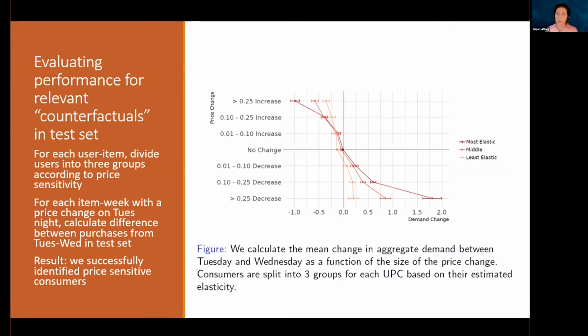Some of them showed up on Tuesday, some showed up on Wednesday. The price was different on Tuesday and Wednesday. And so what I'm comparing is the average purchase rate from Tuesday to Wednesday. So I'm still comparing across people, but I use my model of individual sensitivities to put them into buckets. Once I've assigned them to buckets, I can take averages, and I can use my test set to assess my counterfactual model, even though I never observe for any individual their personalized treatment effect.